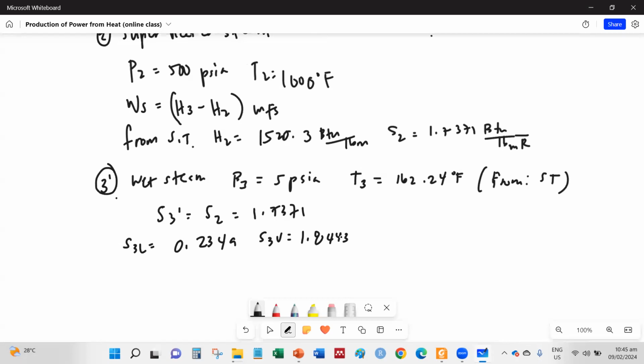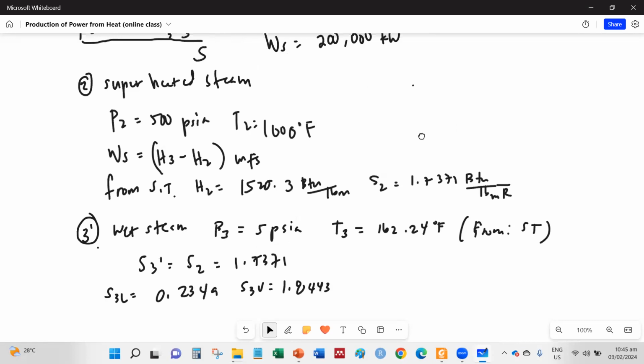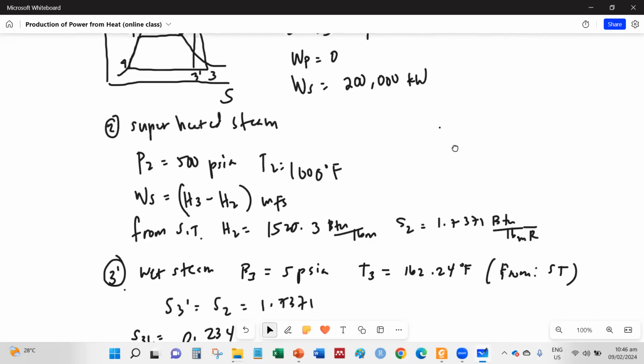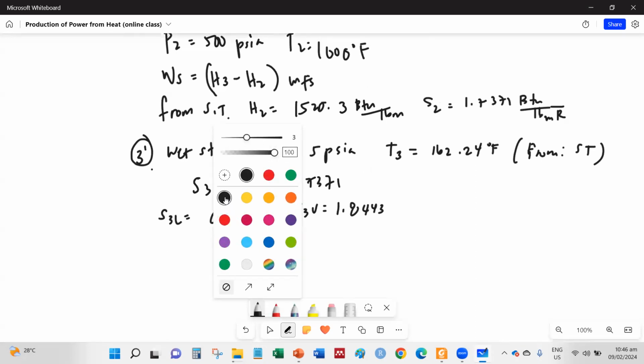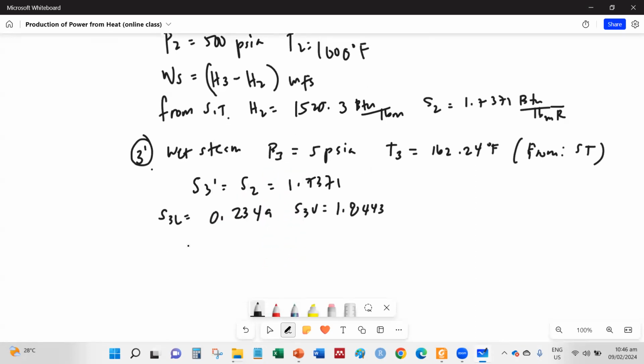Now, we can calculate the quality of the steam at H3 prime. So let's do that. You remember how to do that using the entropy, diba?